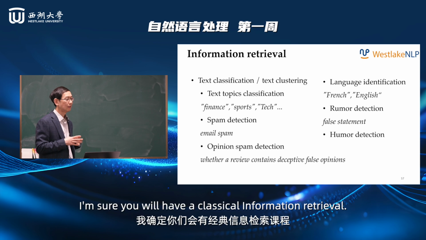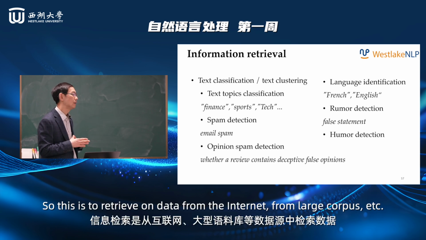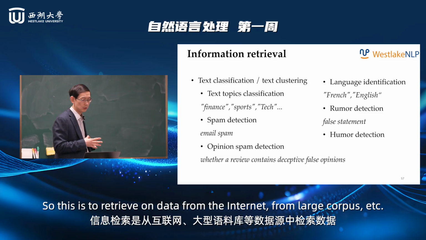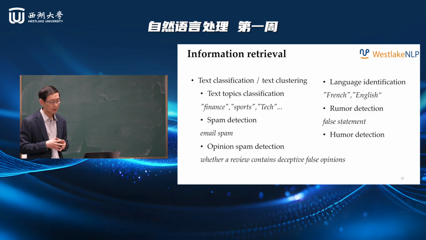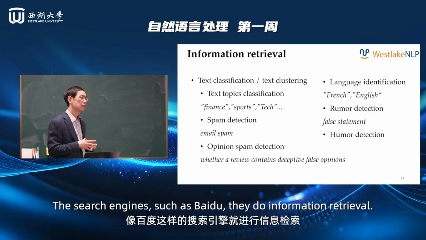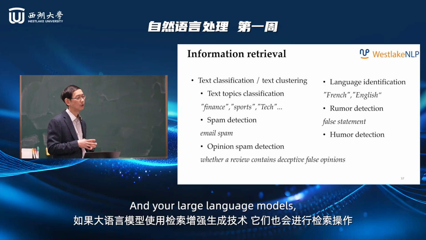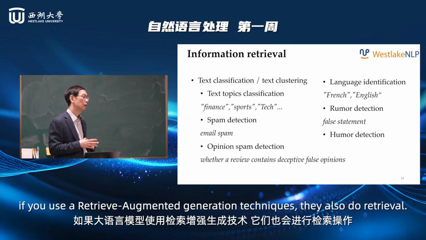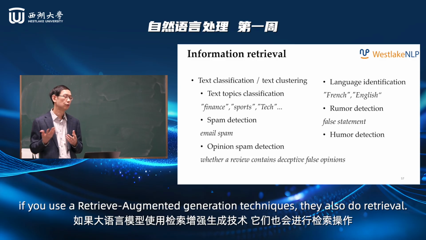I'm sure you will have a class called information retrieval. This is to retrieve data from the internet, from a large corpus, etc. The search engines, such as Baidu, do information retrieval. And your large language models, if you use retrieval augmented generation techniques, they also do retrieval.